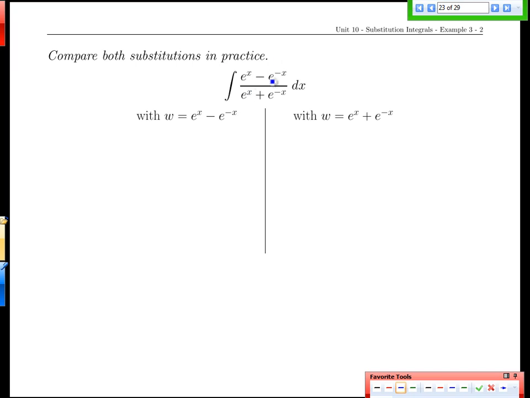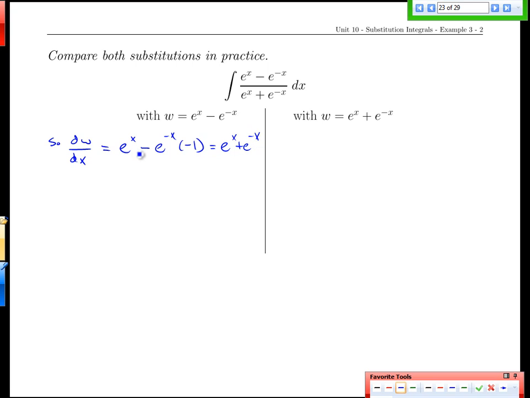Let's take a look where we pick w to be the numerator here. As soon as we do that, our dw dx is the derivative of this, which is e to the x minus e to the negative x times negative 1, the derivative of the exponent, or e to the x plus e to the negative x.